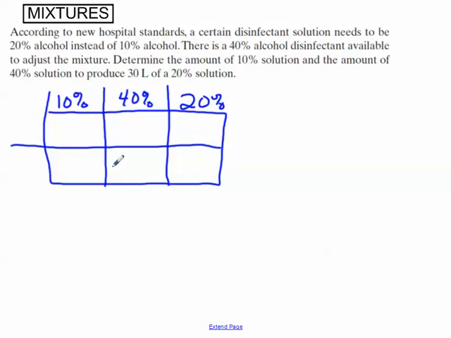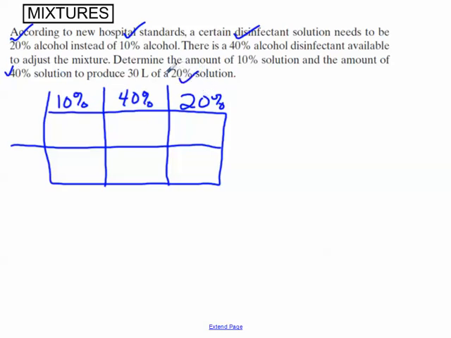This line here will also become an equation. So let's see what else we've got. We kind of use that information, we used the 40% already, we used the 20% already, so that information is present here.